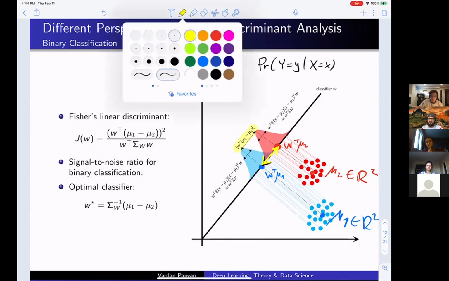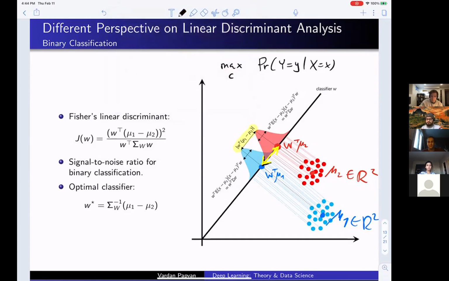So what would be the variance of class 1 after you project it onto the classifier? I'm not sure if you're thinking this is trivial or if you've lost me. I'm getting a mixture of all of those emotions.